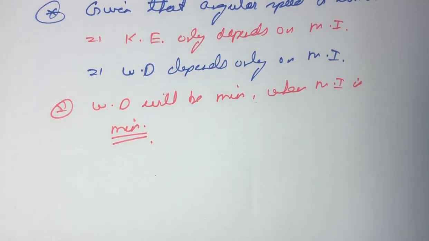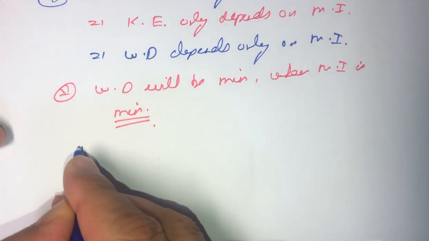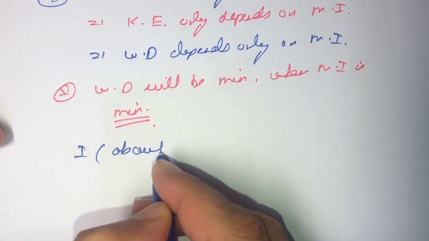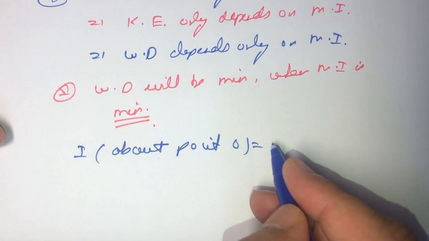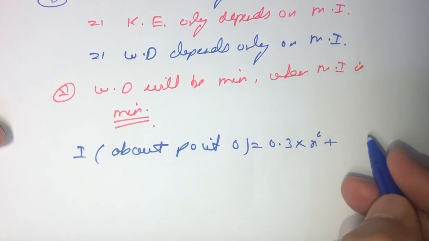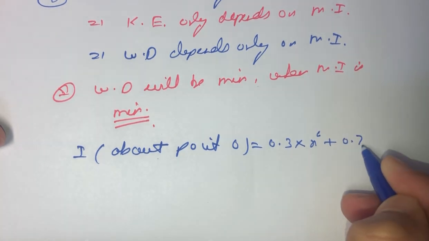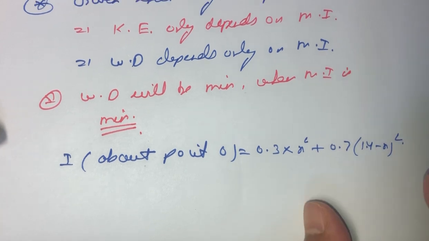Therefore, let us find out the moment of inertia. So we can say inertia about point O will be equal to inertia because of m1 whose distance is x, square, plus inertia because of the second mass, that is m2, whose distance is 1.4 minus x, and whole square.